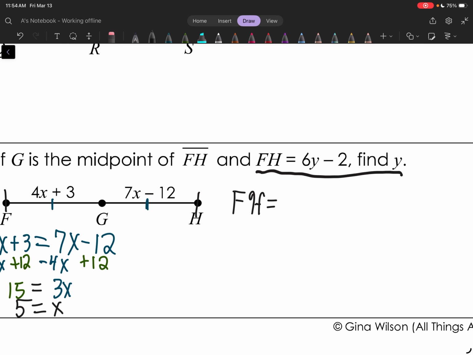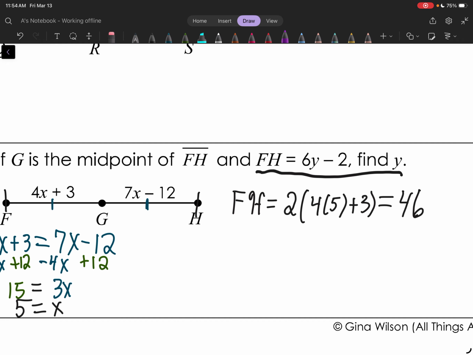You can plug in 5 to both and do 4x plus 3 plus 7x minus 12, or because this is a bisector, I can do 2 times and then pick either one. I'm going to choose the 4x, so 4 times 5 plus 3. This is 2 times 20 plus 3, 2 times 23, 46. FH is equal to 46.